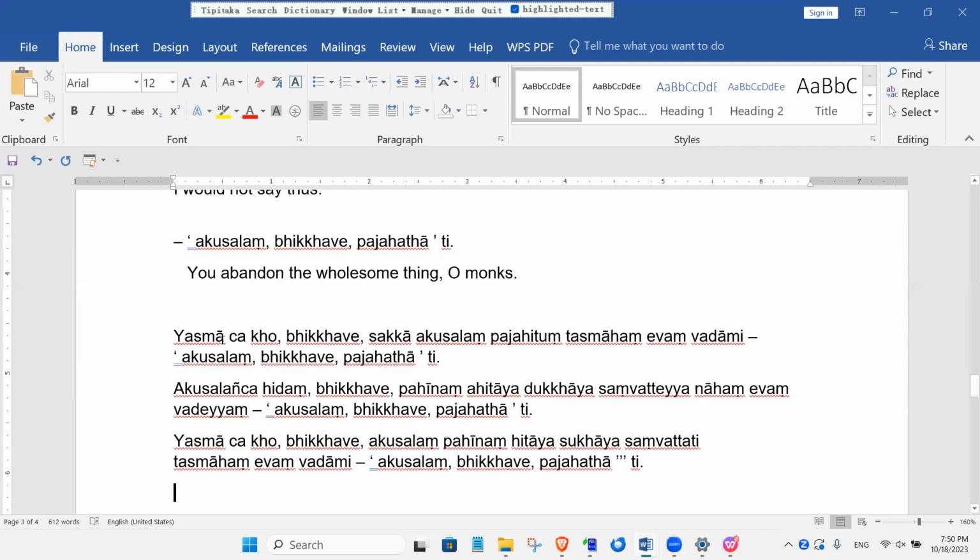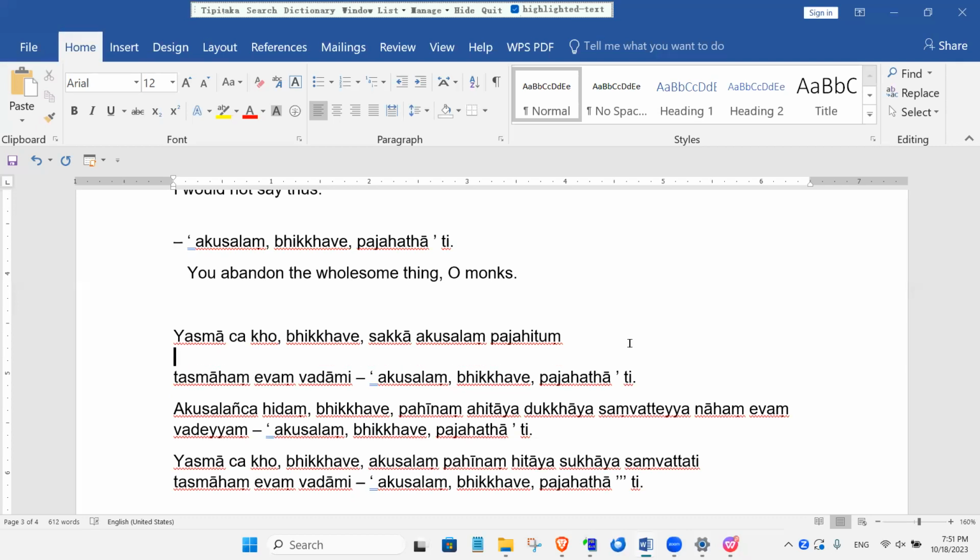Now you already see the "yasma" and "tasma" in your Pali Made Easy. "Yasma chako bhikkhave sakka akusalam pajahitum." Then you can break here. "Tasmā ahaṃ evam vadāmi: akusalaṃ bhikkhave pajahatha." So it's the same thing again, but repeated in a different way.